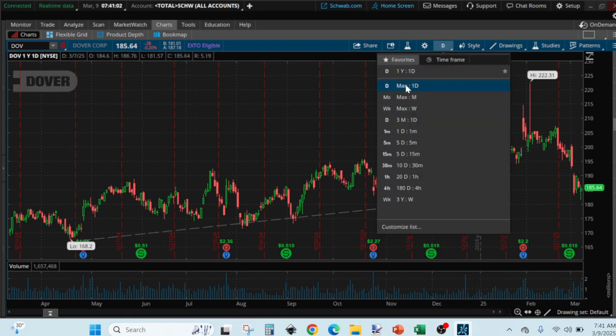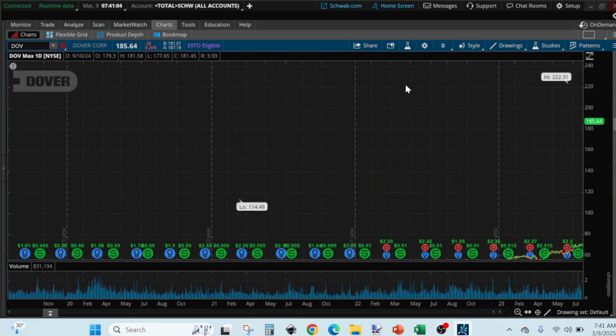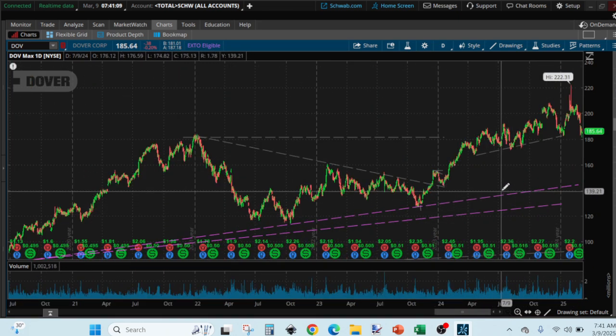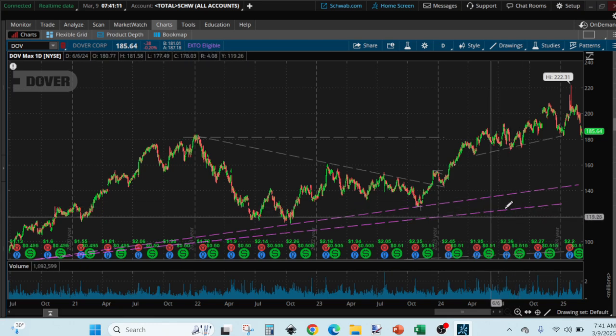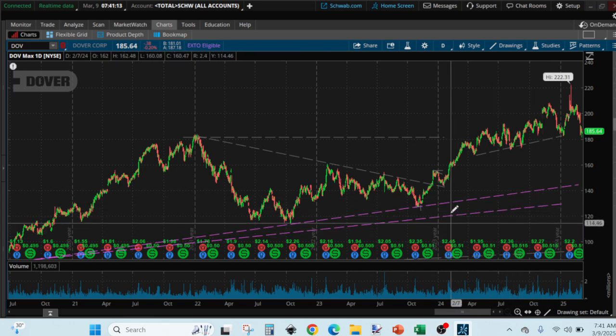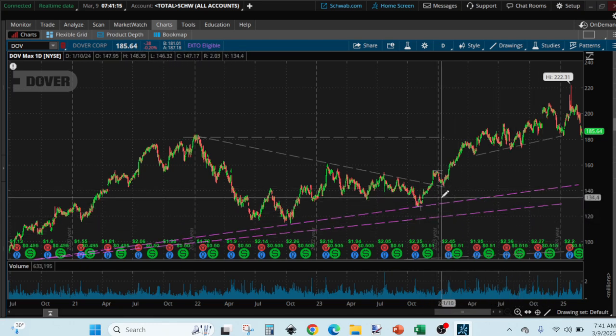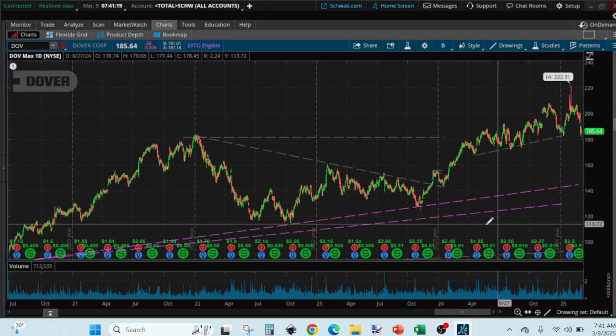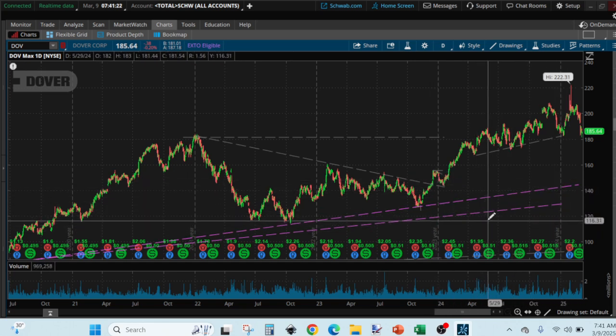We are going to use the maximum daily chart so that the support lines that we trace, or the trend lines that we trace, that are low, that the stock didn't touch within a 1 year time frame, we can still see them.